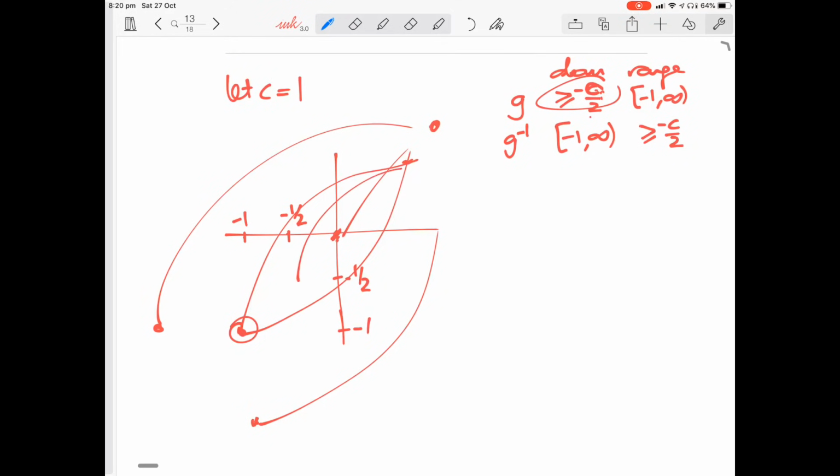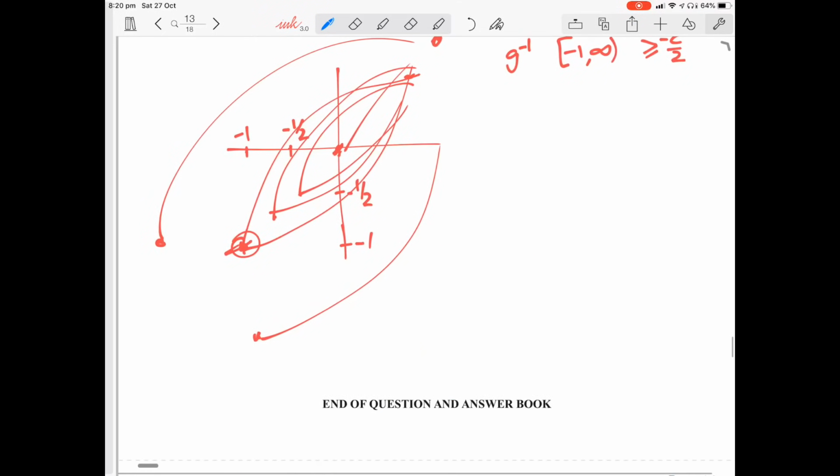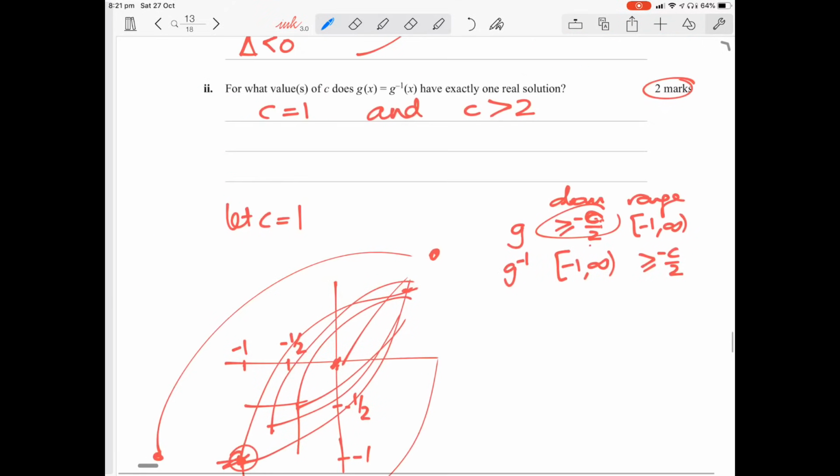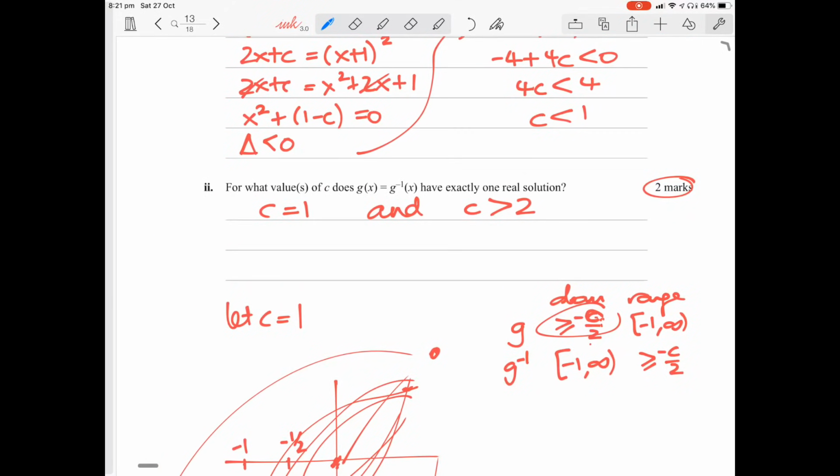So as they're in, they intersect twice, but then as they get out to this point 2, that's when they still intersect twice, but any further, and they're not going to touch each other anymore. Cool. So that's our answer. C is equal to 1, we have one solution, and C is greater than 2, we only have one solution.